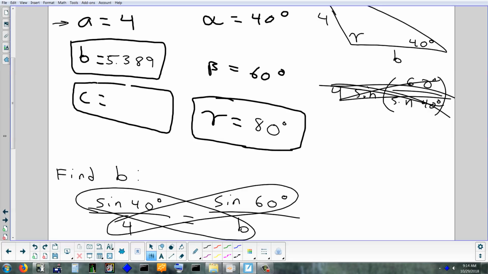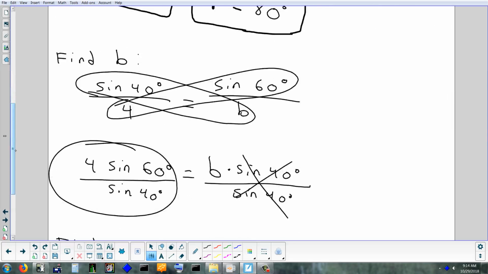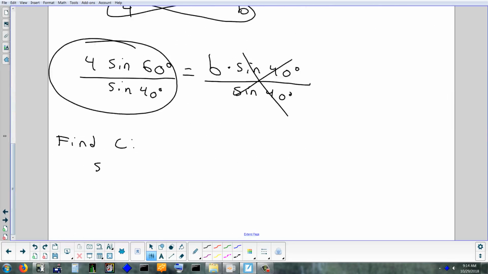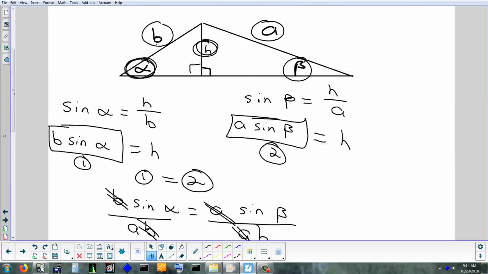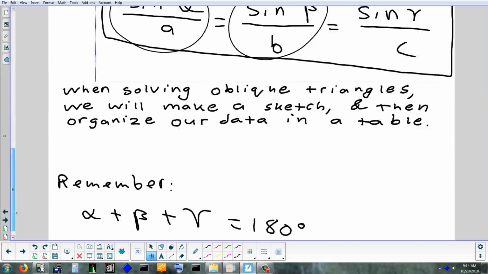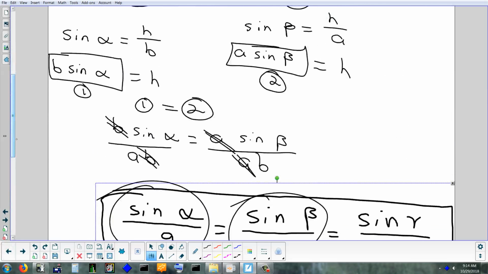So let's start setting it up to find C, exactly like we did B. Sine of 40 over 4. Except this time, don't use the middle part for the law of sines.